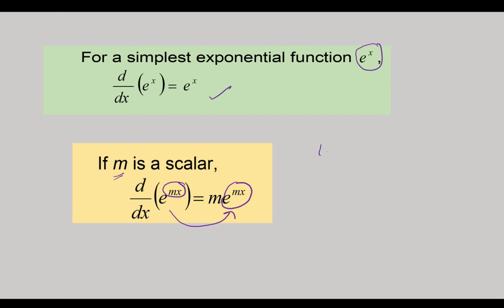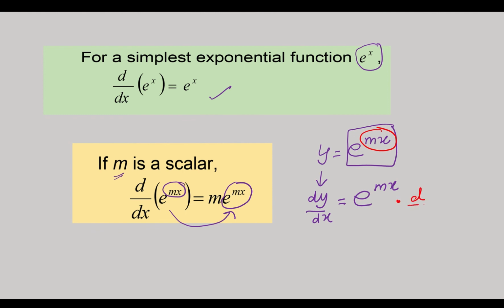Another way of writing is, if y equals e to the power of mx, differentiate left side means differentiate y, you will get dy/dx. Then differentiate on the right side means you have to differentiate e to the power of mx. So the answer is e to the power of mx. Then you need to differentiate the power here, means differentiate mx.